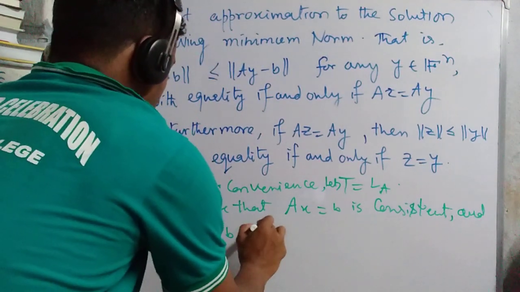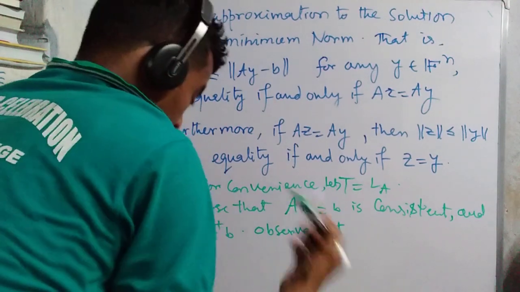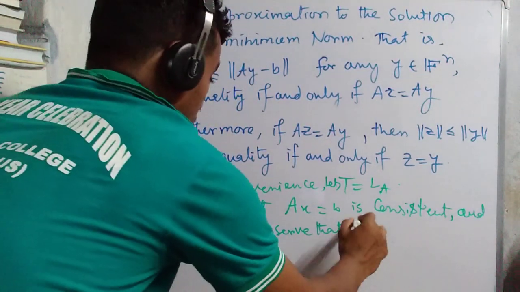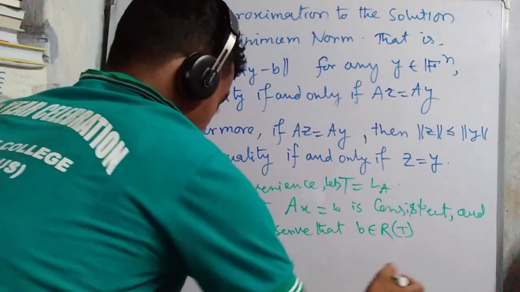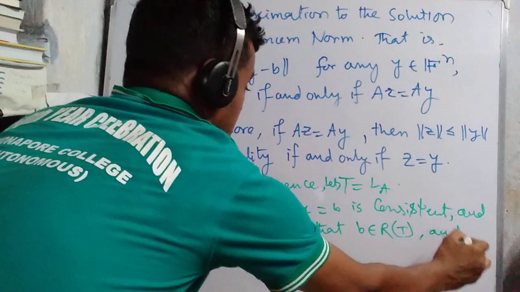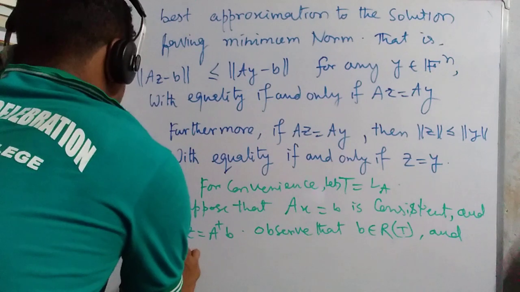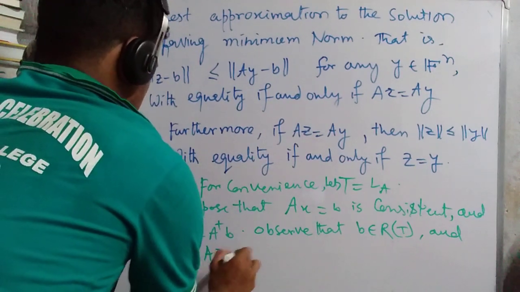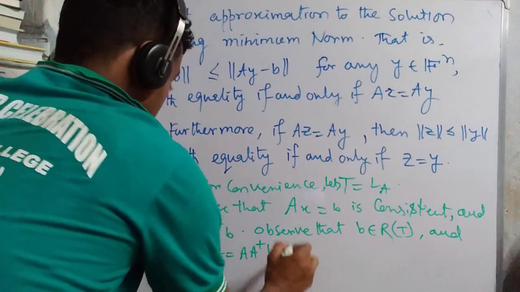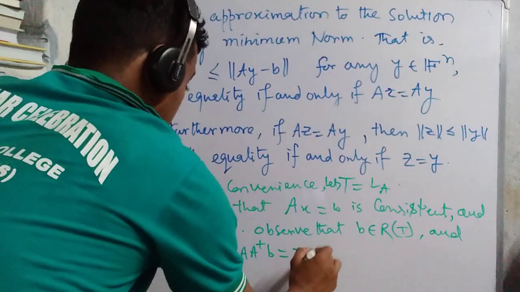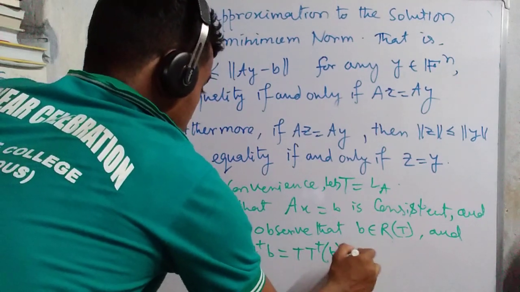Now observe that b belongs to R(T), and therefore Az equals AA†b equals TT†b, which equals b.